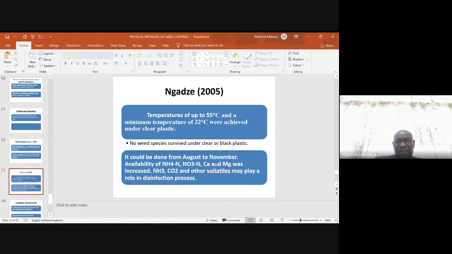But when it was done from August to November, temperatures could rise up to 55 degrees Celsius, and this was sufficient to kill weeds. Another issue was that the availability of nutrients was also increased. Ammonia and carbon dioxide was also increased, which could also disinfect the soil.